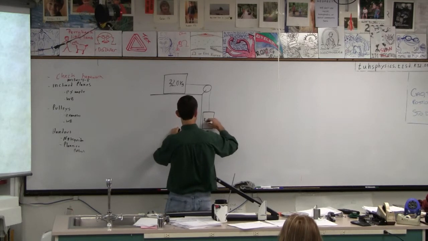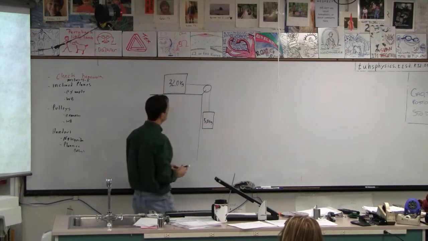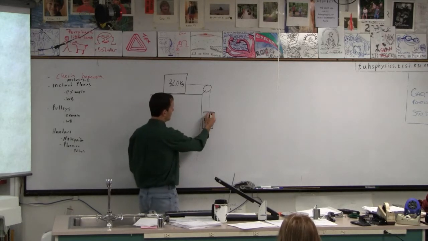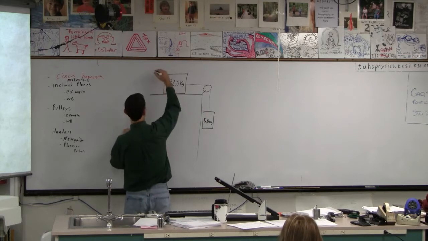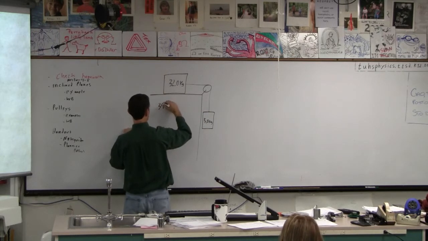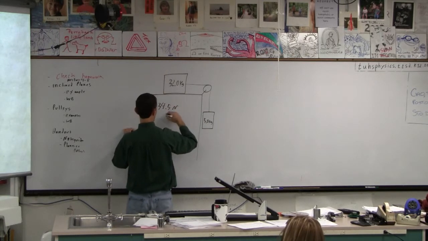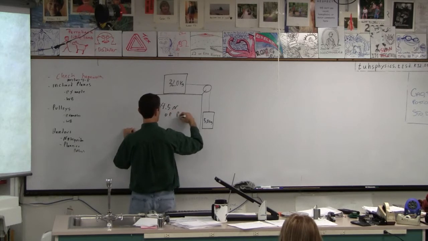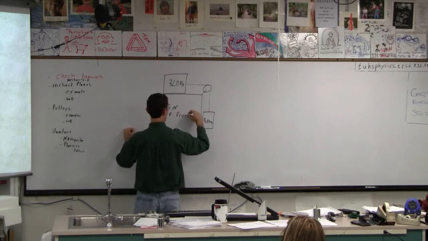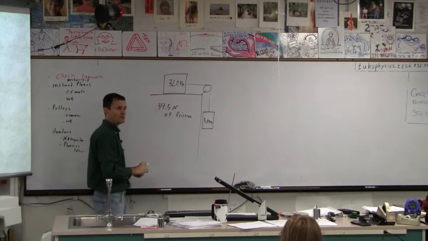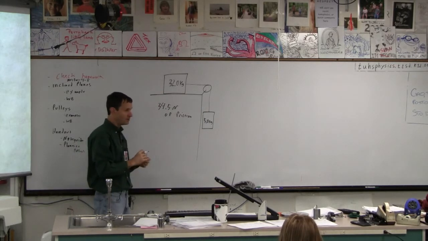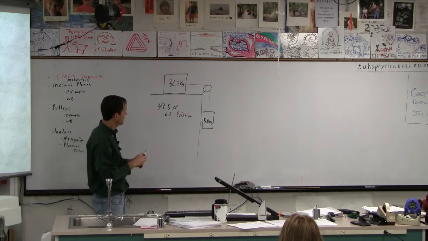This guy's 5.0. Right, and then there is 34.5 newtons of friction. And I'm just giving you that. Eventually in college you'll get a formula that you can use that will give you that.